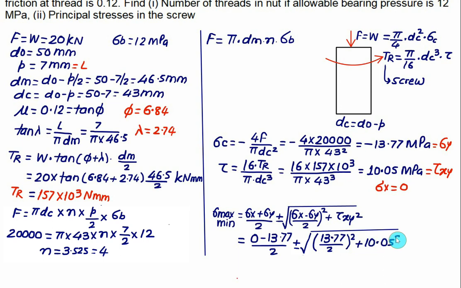So we get sigma max, the maximum normal stress, equal to 5.3 megapascal, and the minimum principal stress on the screw body equal to minus 19.06 megapascal. These are the principal stresses acting on the screw body.